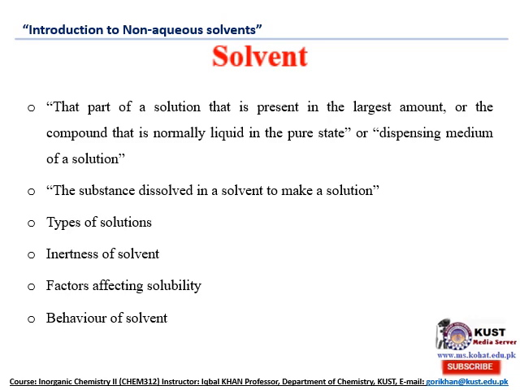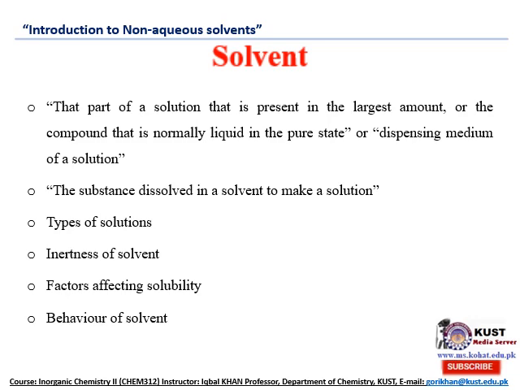Now this solution is of great interest. Why? Because we have to study chemical reactions, chemical properties, and the synthetic pathways as well. So this is the importance of solvent in solution.